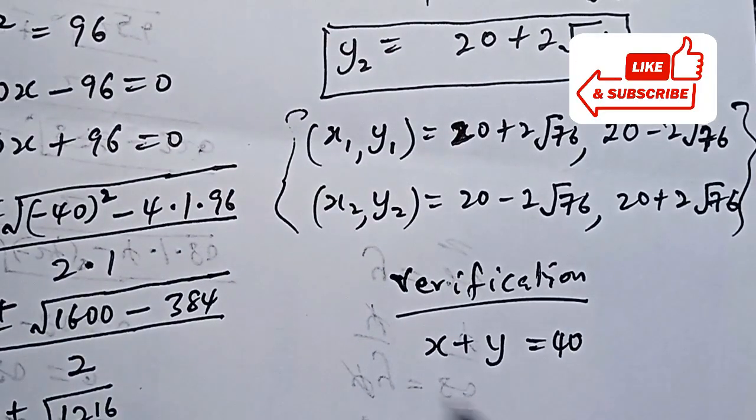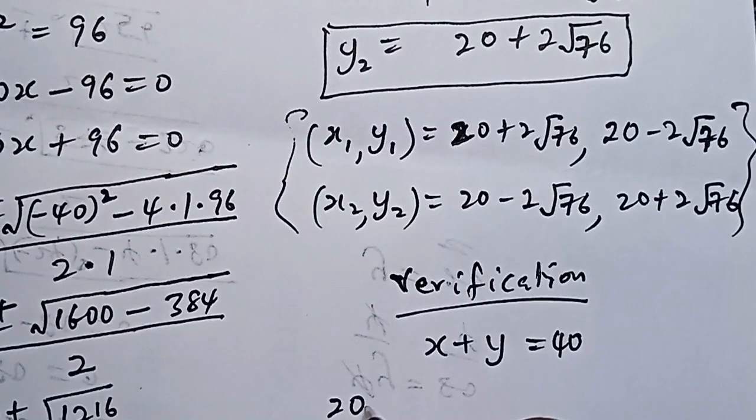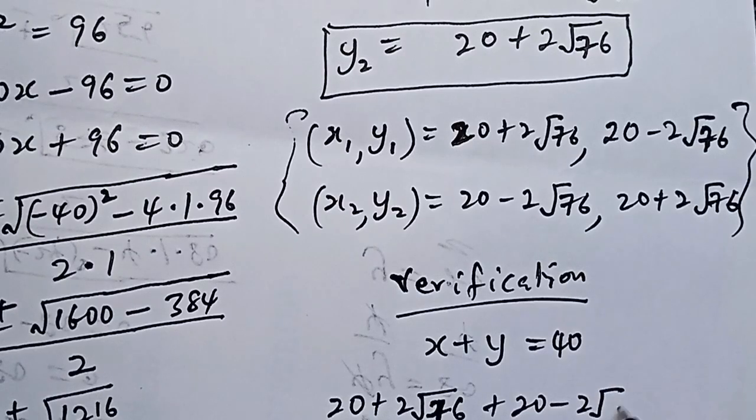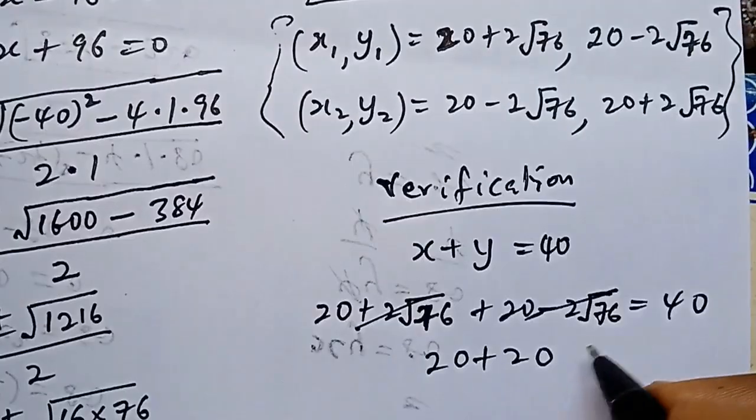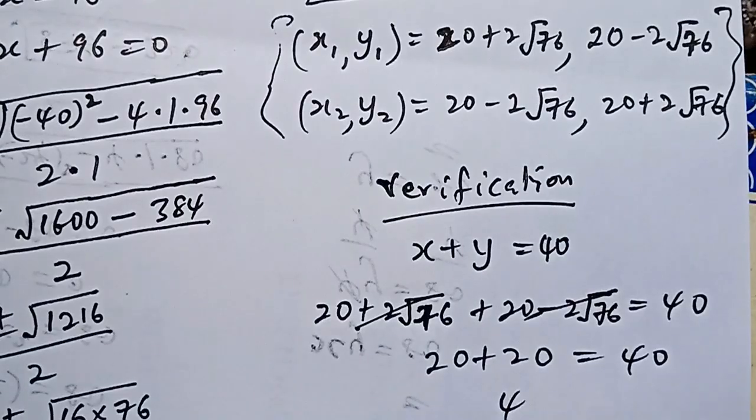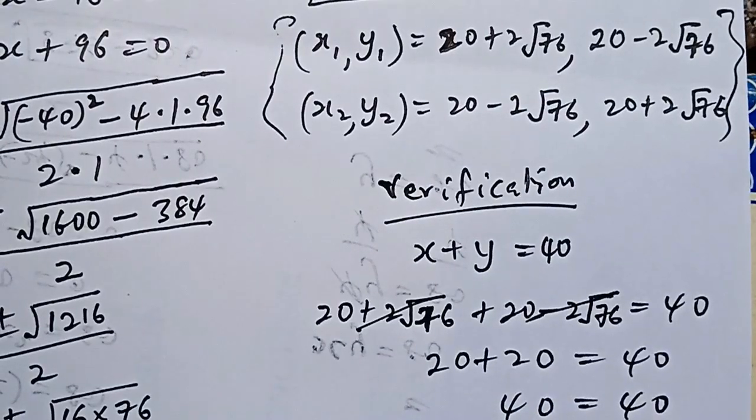So if we slot in our values, we have 20 plus 2 square root of 76, then plus y, 20 minus 2 square root of 76, everything equals 40. The radical expressions cancel out. So we have 20 plus 20 equals 40. Then 40 equals 40.